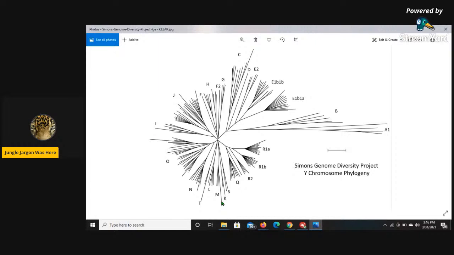The M seems to be by itself. The S and the K seem to be by themselves. So essentially we have 1, 2, 3, 4, 5, 6 people to identify that can be identified as living today.